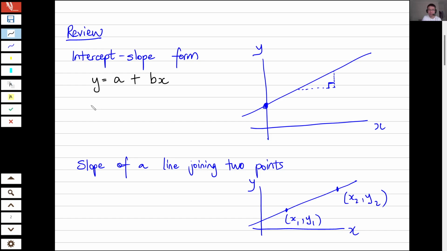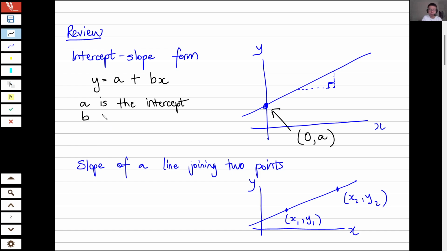We said that the number a is the intercept. If I draw a picture of the line, it's talking about the point where the line hits or intercepts the y-axis. And the coordinates of that point will be 0, a. When x equals 0, y equals a.